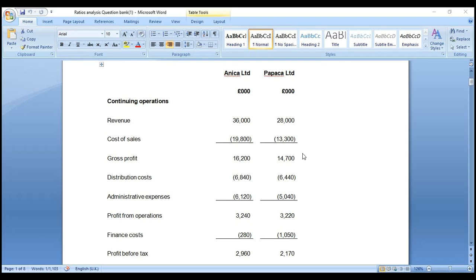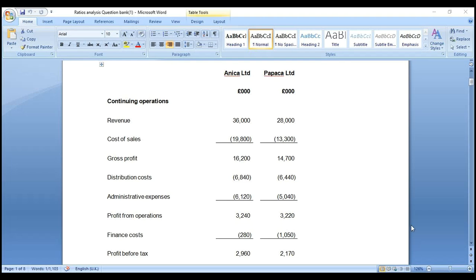So we can look further when we go through the operating profit ratios. What is operating profit? Profit from operation: 3240 divided by 36,000, times 100.